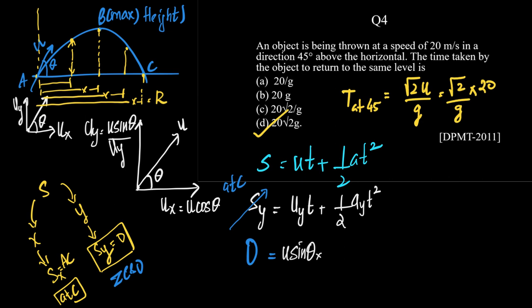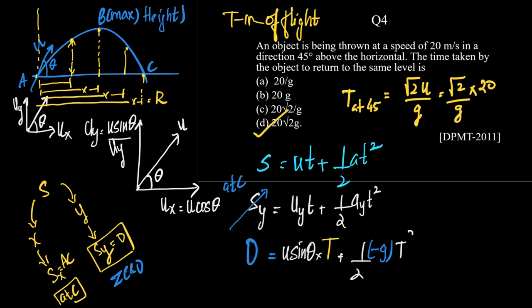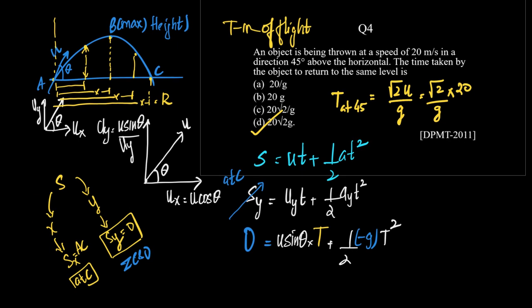And what is t? If we denote it as capital T, which is the time of flight, plus half into, what is ay? We know that ay is minus g, into t square. So what do we get?